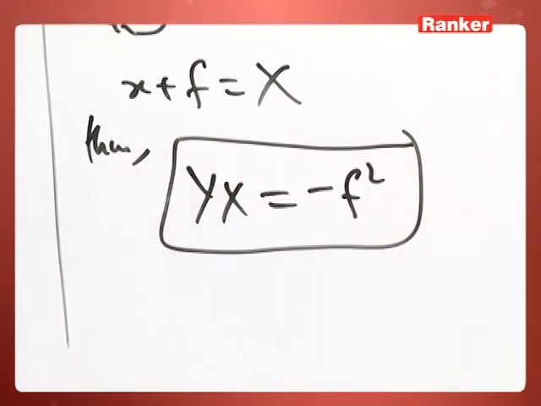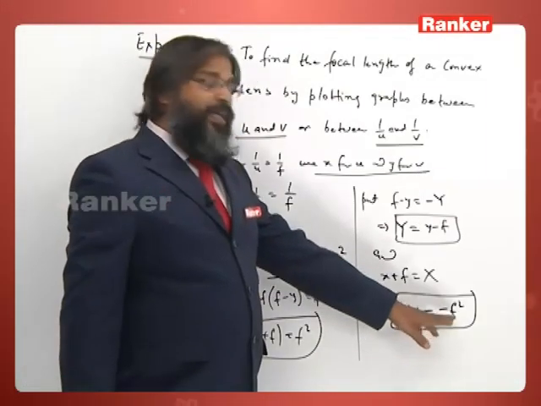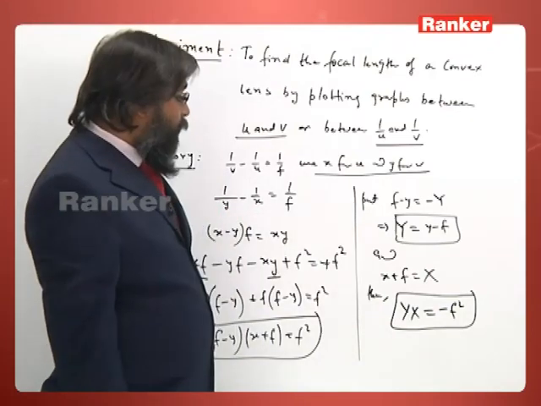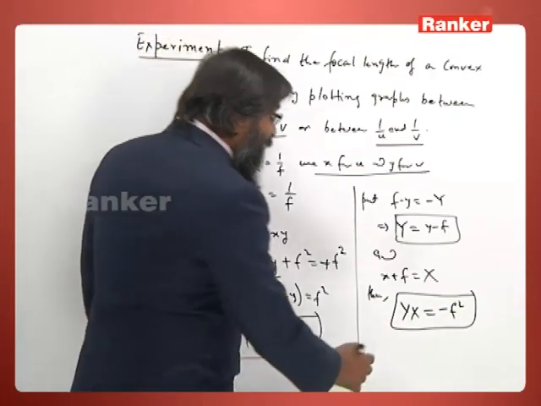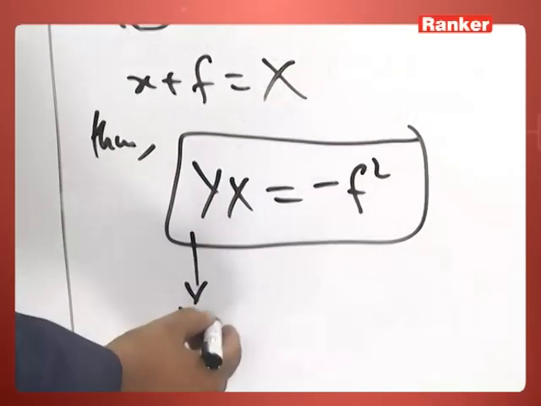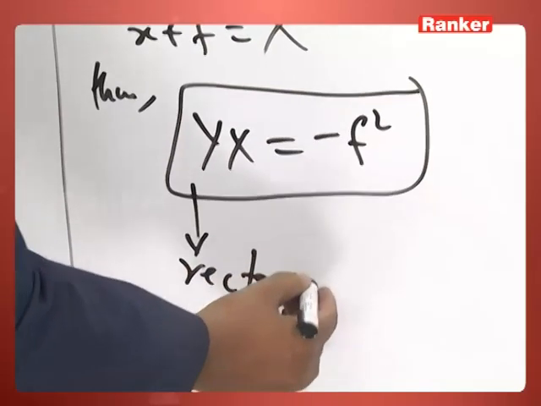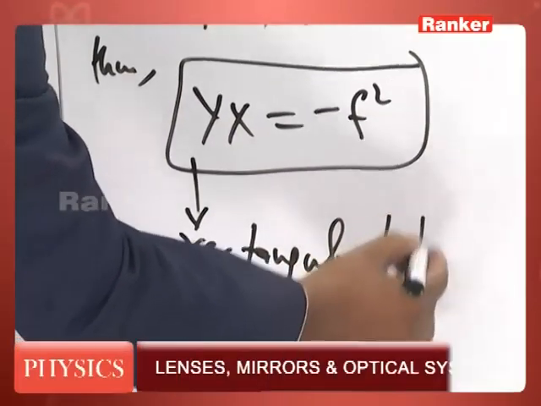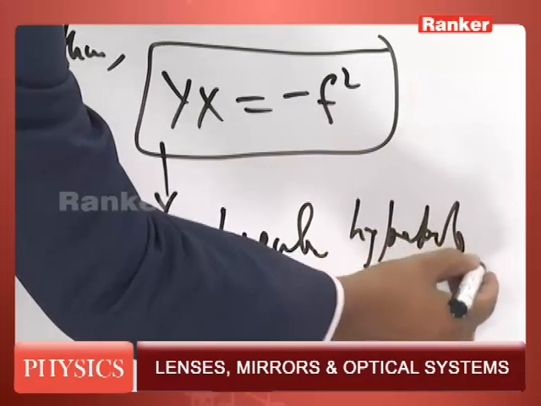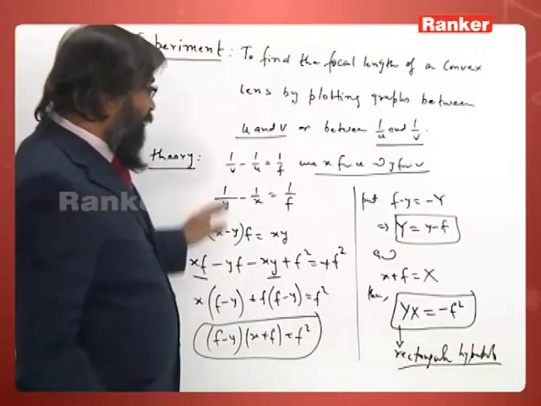We got XY is equal to minus f square. This represents a rectangular hyperbola. This is a rectangular hyperbola. Please take down this.